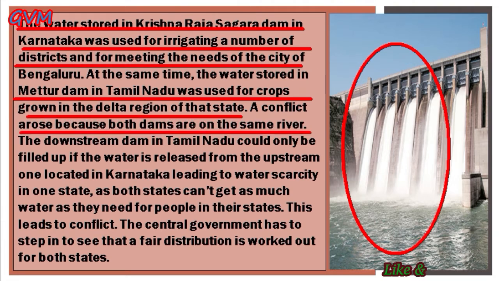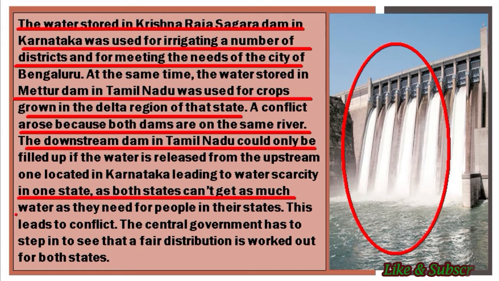And students, a conflict arose because both dams are on the same river, that is, the Kaveri river. Due to this, both states can't get as much water as they need for their people, and that's why the Kaveri river became a source of conflict between Tamil Nadu and Karnataka.